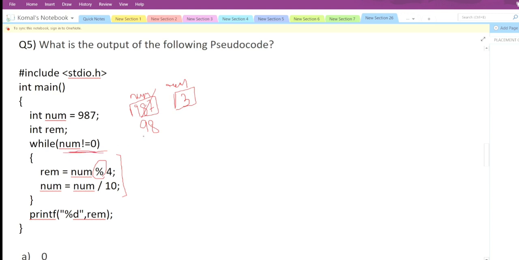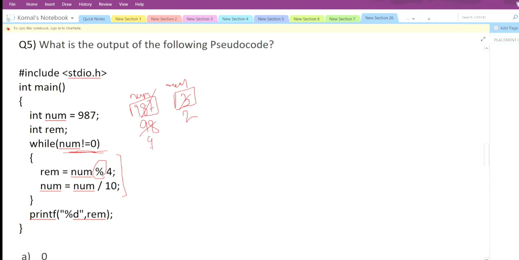Now again while loop it will run, num is not equals to 0. 98 is not equals to 0, yes true. So again it will come inside this while loop. Now what it is doing, the remainder is equals to num mod 4. Now 98 divided by 4, what will be its remainder? So 98 divided by 4, its remainder will be 2. So now rem is replaced by 2. Now what it is doing, num is equals to num divided by 10. So 98 divided by 10, it will be 9.